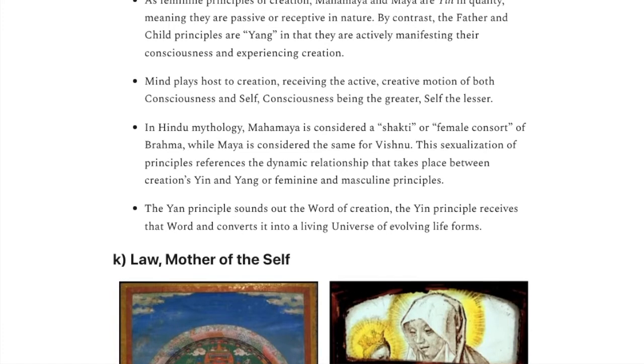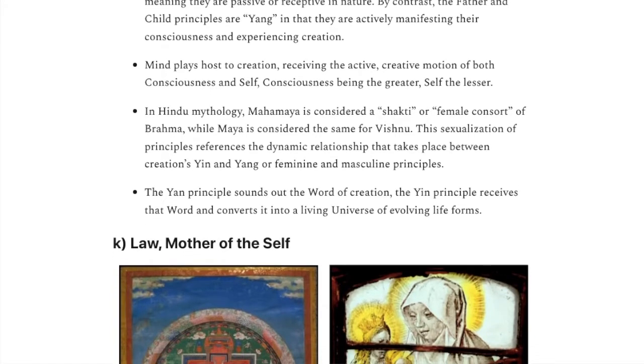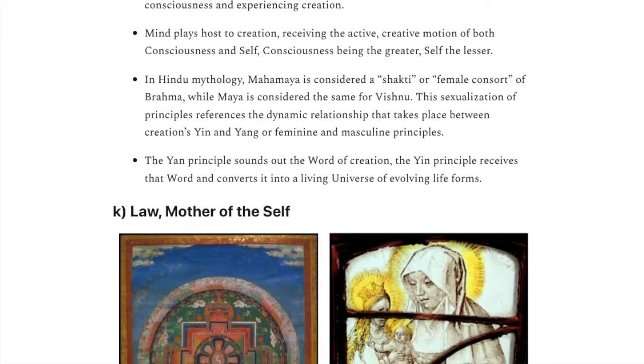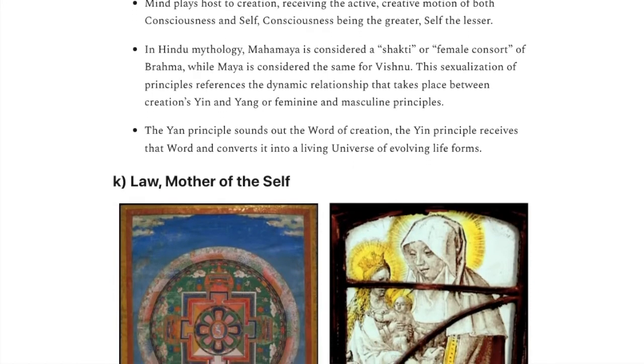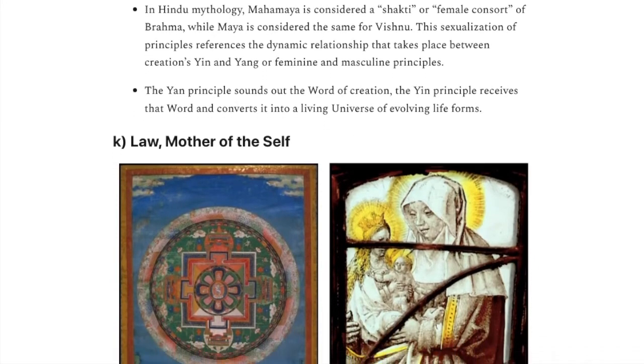The yin principle receives that word and then converts it into a living universe of evolving life forms. And that living universe, as we'll see, takes on the qualities of both its parents. So it adopts a yang aspect and a yin aspect.